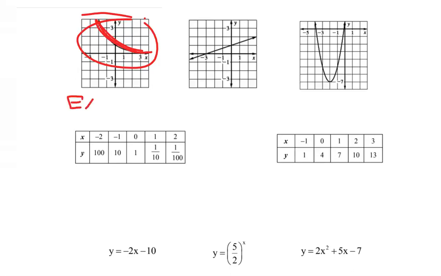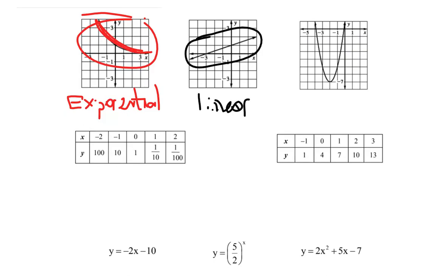So this one I can call exponential. Next one up, I'm looking here, straight line, that one is linear, just like we've seen a dozen different times. And the last one we have here, you can see pretty blatantly that's a u, quadratic. So those ones aren't that bad.